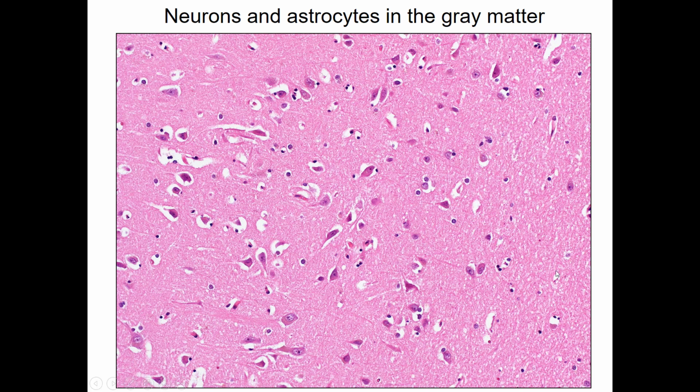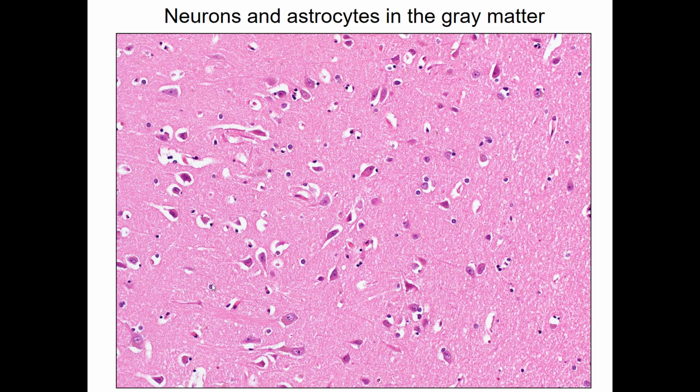So, if we use the good old hematoxylin eosin stains, then in the gray matter you see a large number of neurons, especially the large pyramidal neurons are easily detectable. However, some of the small cells may represent glial cells, astrocytes, but it can be very difficult to differentiate these small cells, the astrocytes, from interneurons, which are the small cells of the cortex as well.